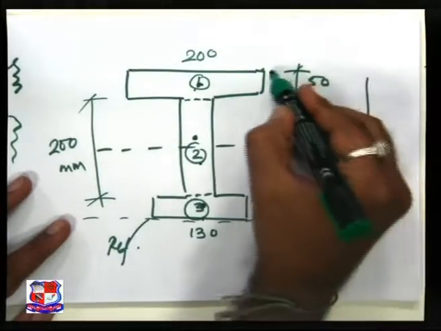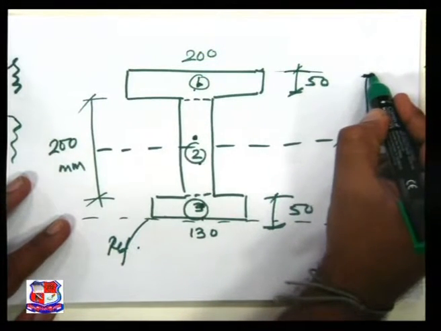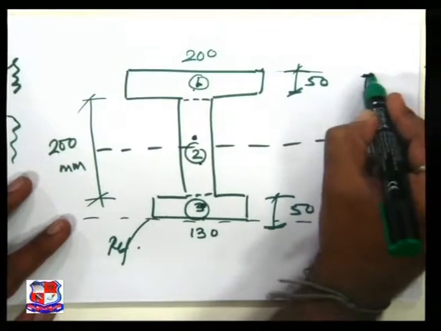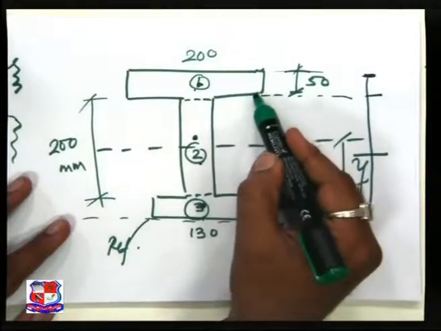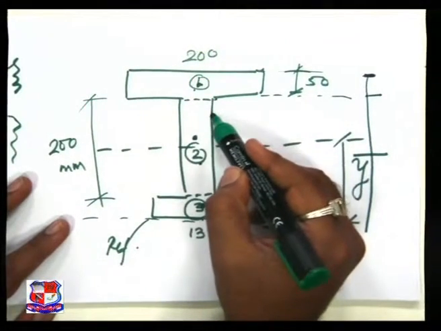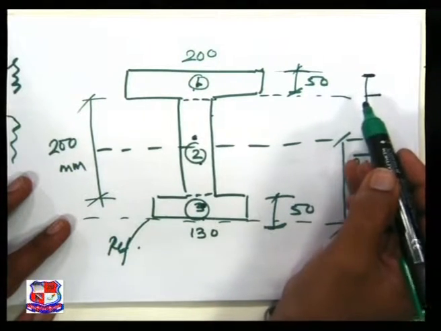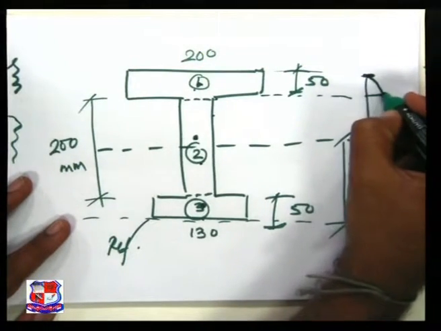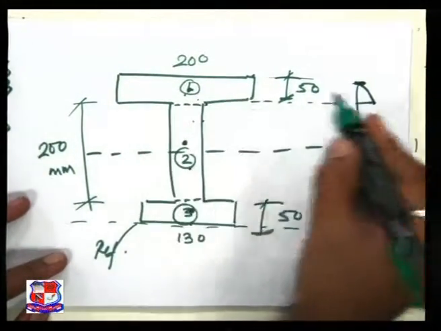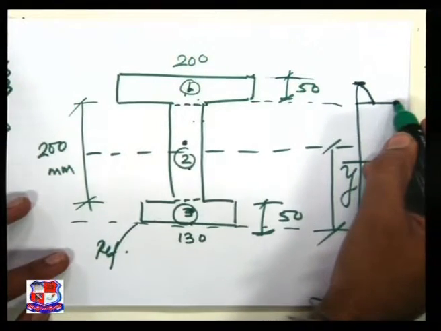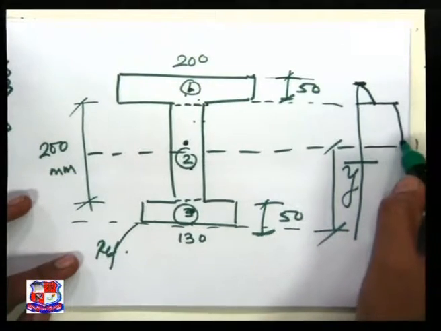Here we want to find out what the variation is over here. Obviously we know it is 0. Then we want to find out the connection between this flange and web. What will be the variation? We know it is a parabolic variation, which we studied in the previous class, and this is the variation. Then we have to take the variation between web and flange. It's a very high value. Then at the neutral axis, once again a high value.